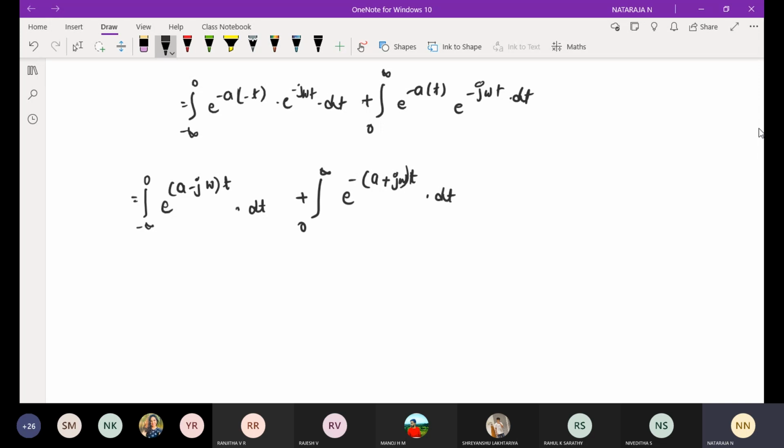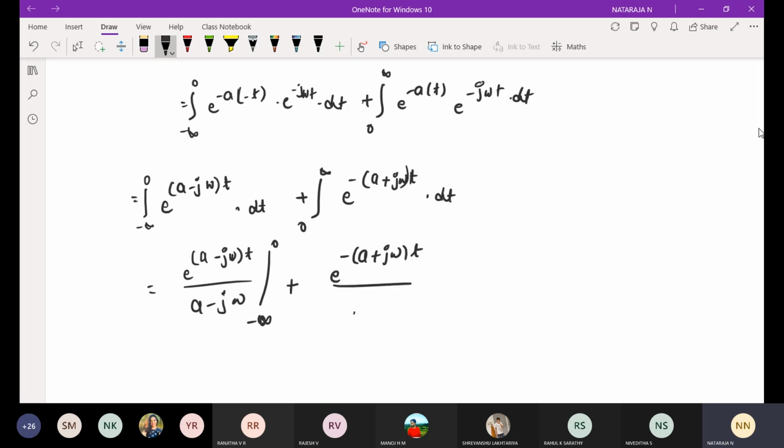Based on that, I'm going to integrate each term: e power (a minus j omega) t divided by (a minus j omega), with limits from minus infinity to 0, plus e power minus (a plus j omega) t divided by minus (a plus j omega), from 0 to infinity.